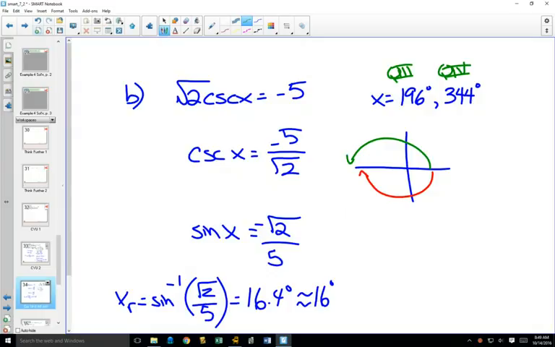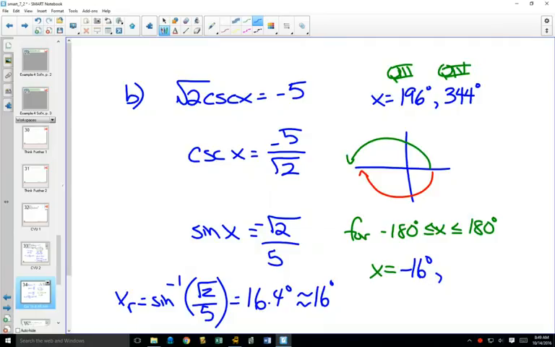So for negative 180 less than x less than 180, our answers would be, well, negative 16 degrees. That would be the answer in quadrant 4.